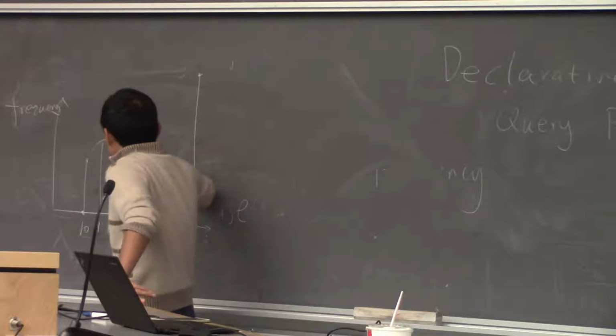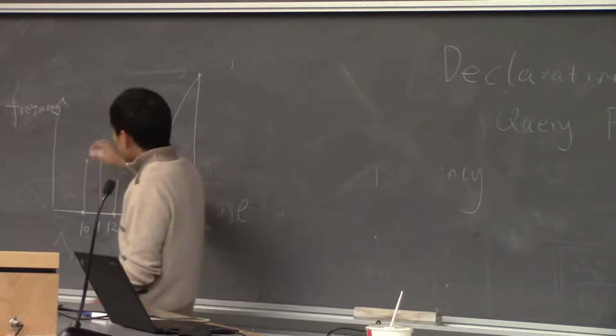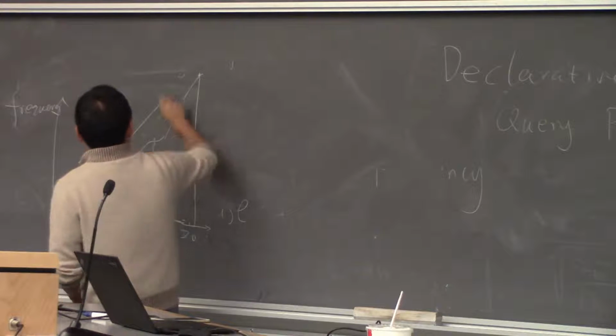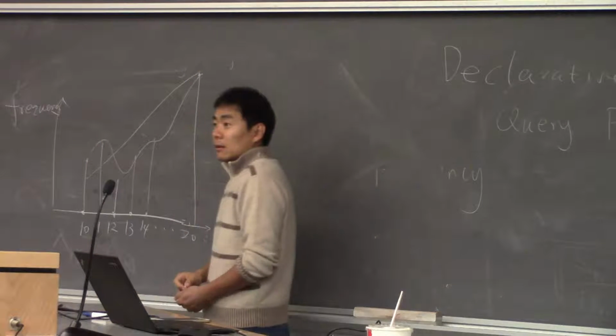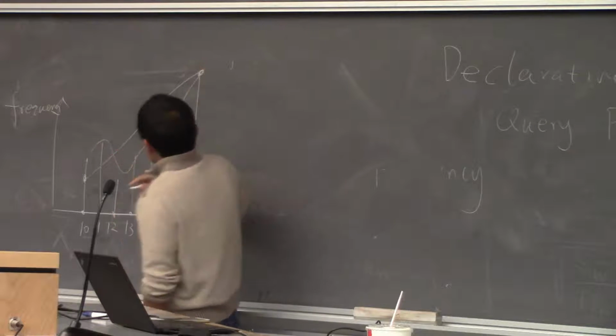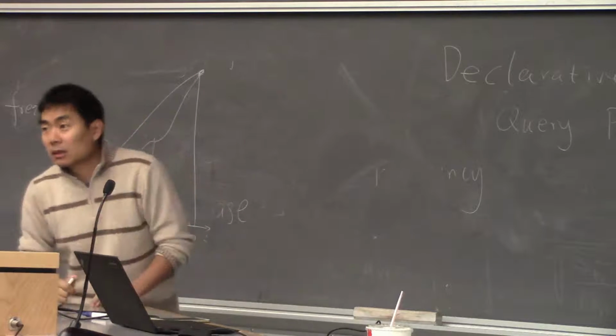So what people do is maintain some structure that can approximate this. So this curve looks like this. One way to approximate this is I can just draw a line kind of like that. And remember, what's the cost of representing a line segment?